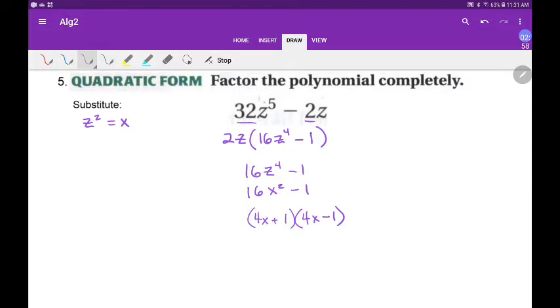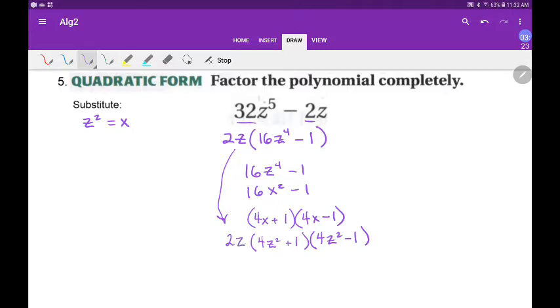And then I can substitute that back in, and instead of saying 4x, we'll say 4z squared. We put it back in, plus 1, and I can't factor that. And I say 4z squared minus 1.